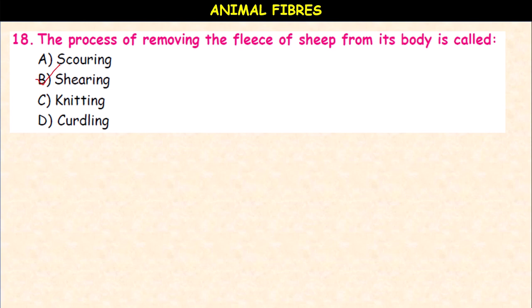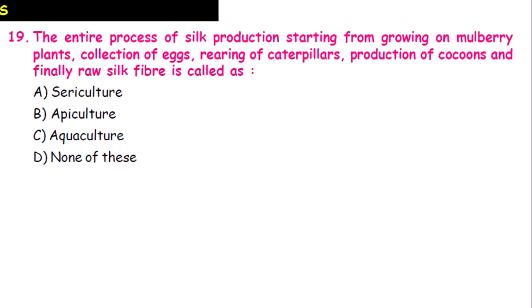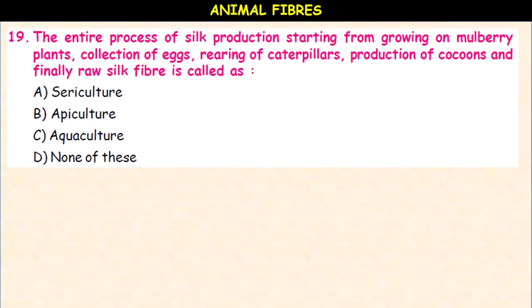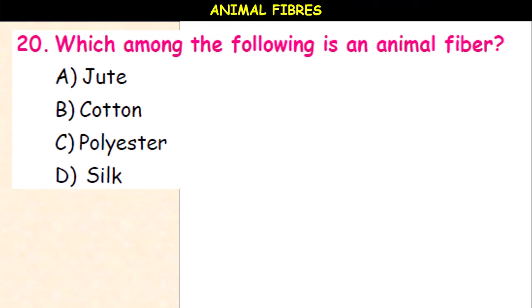Shearing. The entire process of silk production, starting from growing mulberry plants, collection of eggs, rearing of caterpillars, production of cocoons, and finally raw silk fiber is called sericulture, apiculture, aquaculture, none of these. Sericulture.